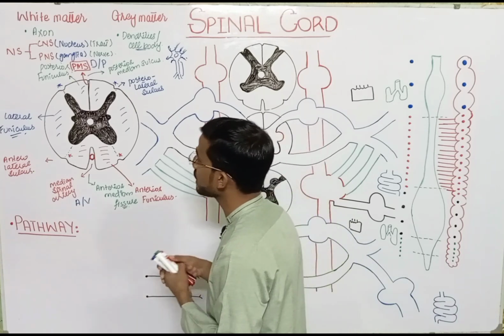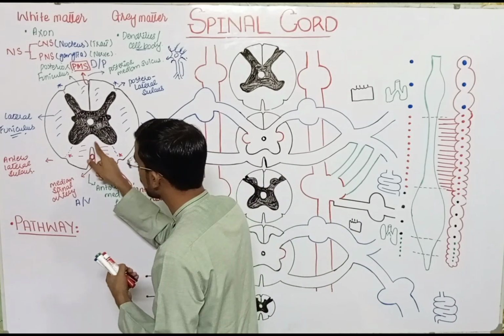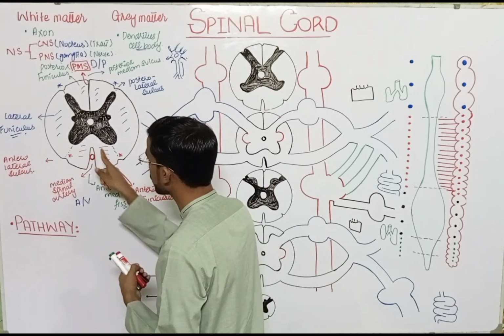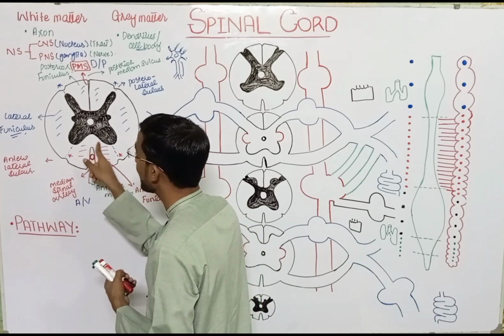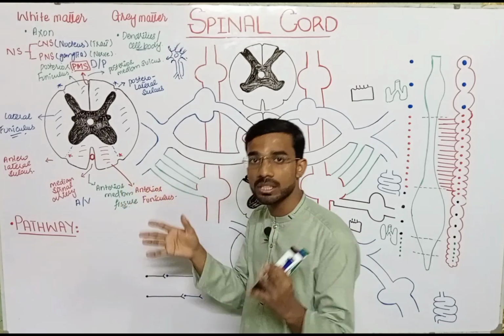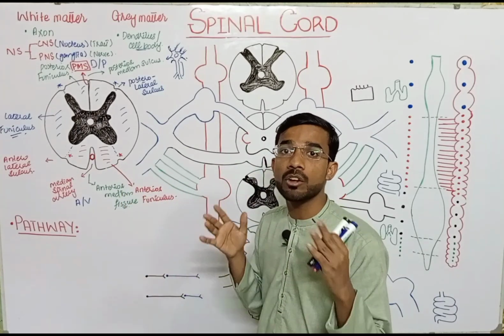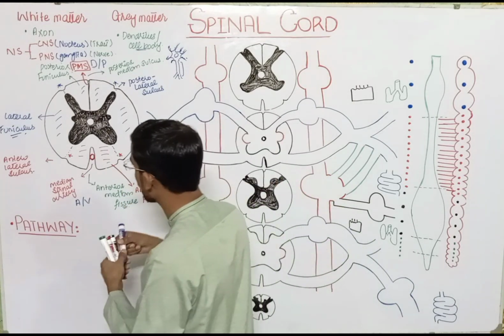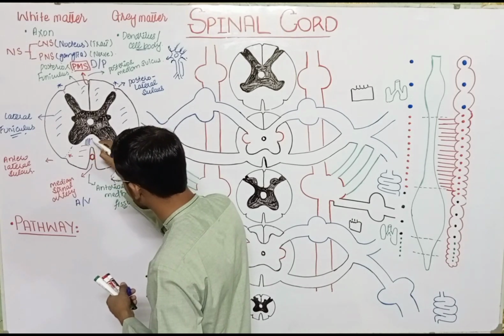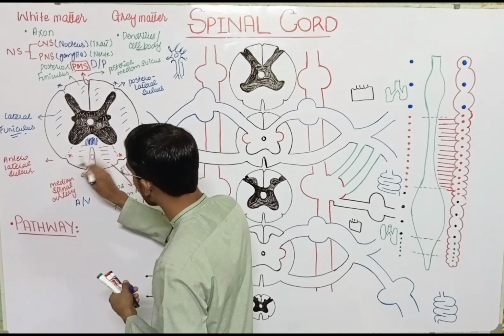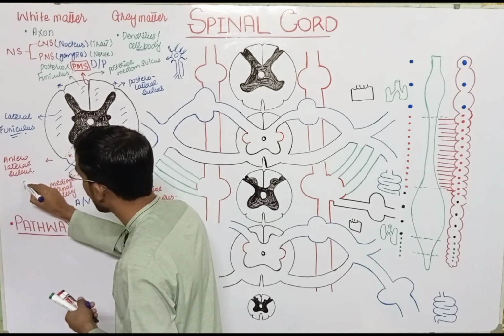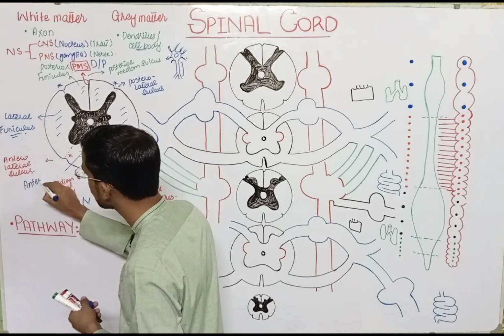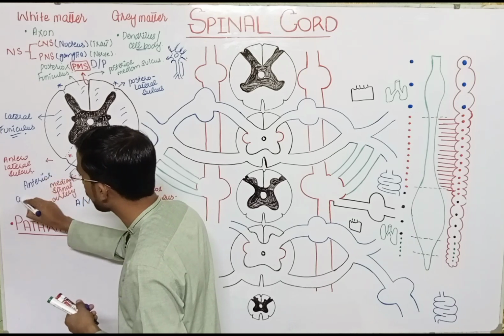And here is a junction between the right side and the left side of the spinal cord, and this junction is called the anterior commissure.